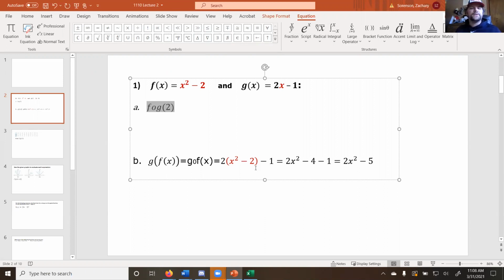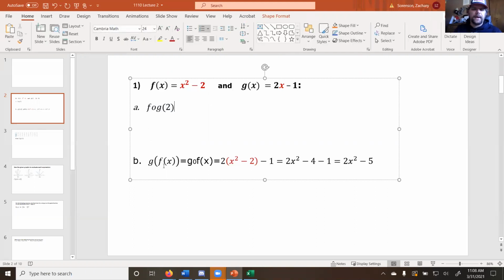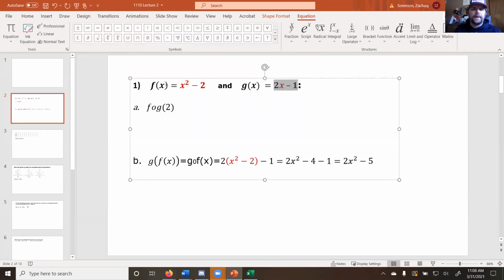Or we could take each piece, plug in the value, get the numbers, and then multiply. Same type of concept here. I have two options. I can either find my f of g of x by plugging my g function into my overall f function, finding what that is simplified, and then plugging in 2.